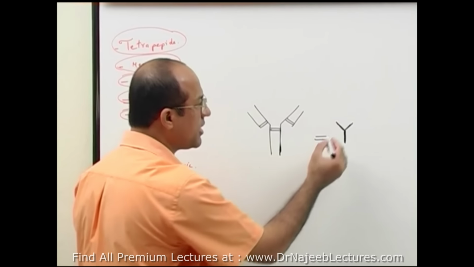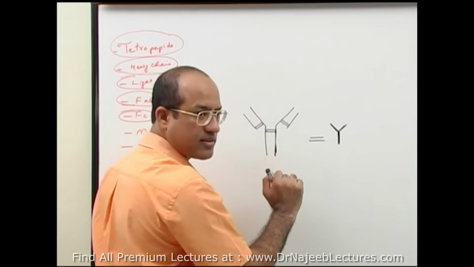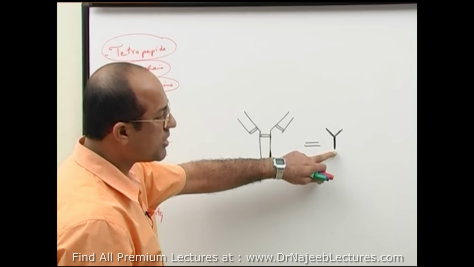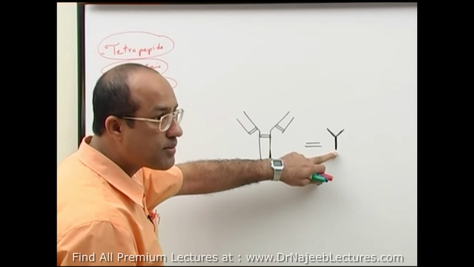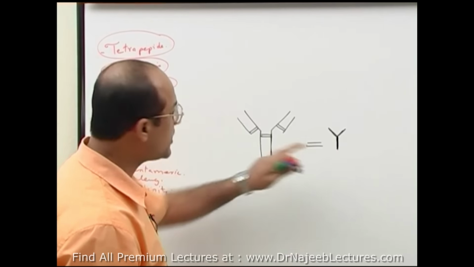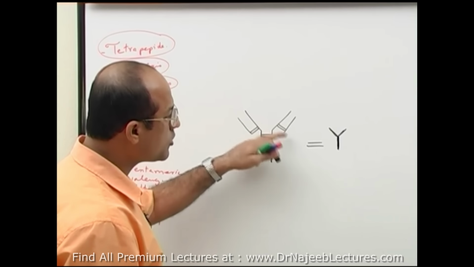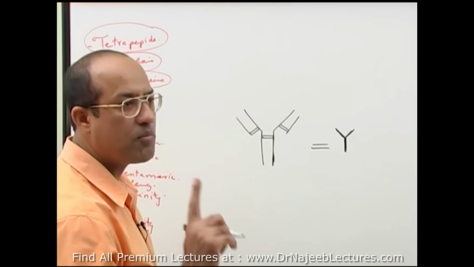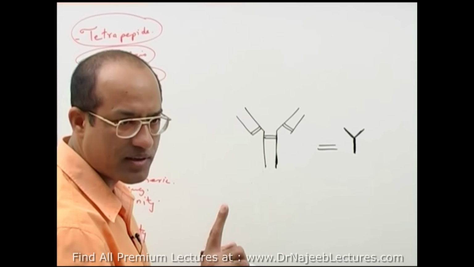That is why very commonly you find an antibody molecule like this in books. So basically when you see an antibody molecule like this, it is fundamentally a tetrapeptide, but when these 4 peptides are held together by disulfide bond, we say this antibody molecule is one monomer.